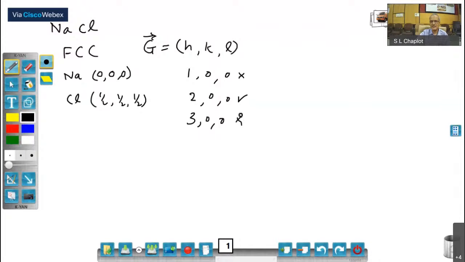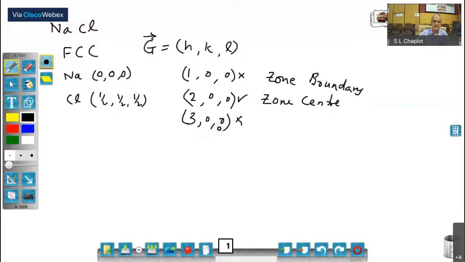In fact, these two values happen to be at the Brillouin zone boundary and not at the Brillouin zone center. So that one is at the zone center, and this is at the zone boundary. That's one.